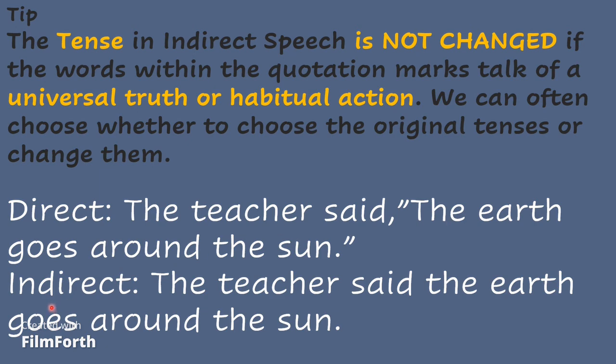When you change it into indirect speech, you will say, the teacher said, that you can use, you may or may not. The teacher said that the earth goes around the sun. Now there is no change in the tense here because it's a universal truth. We can often choose whether to keep the original tenses or change them.